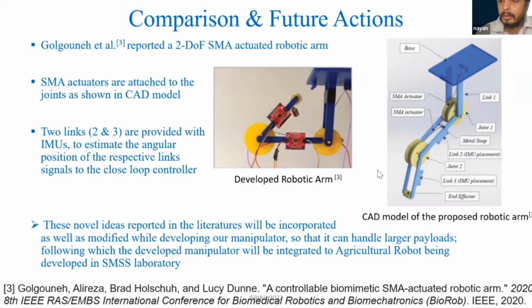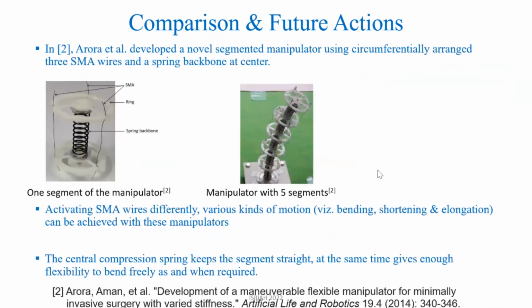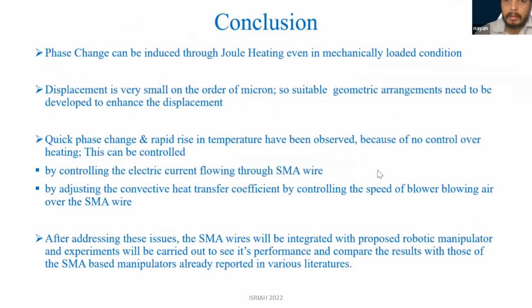You have mentioned one solution for cooling the SMA wire using blowers. My question is, the main purpose of using SMA is to reduce the weight of the actuator, right?